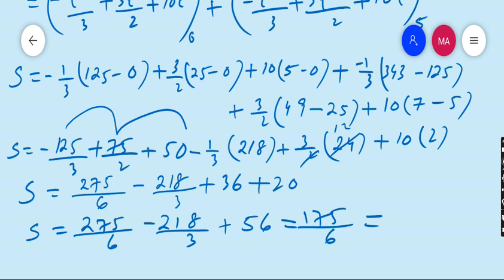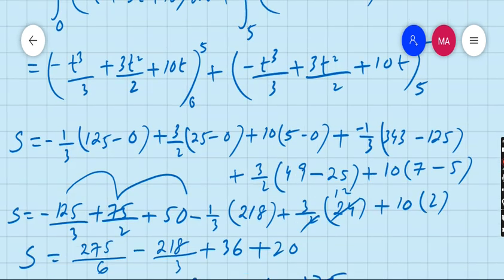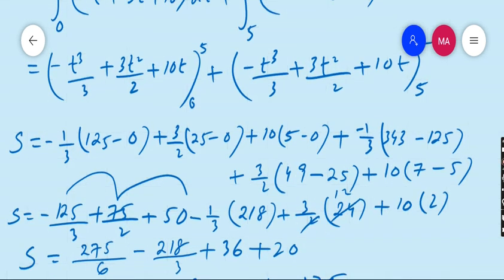Okay, I am checking again. I think there is some mistake. 275 upon 6 is okay. So 7 cube is 343, no mistake.